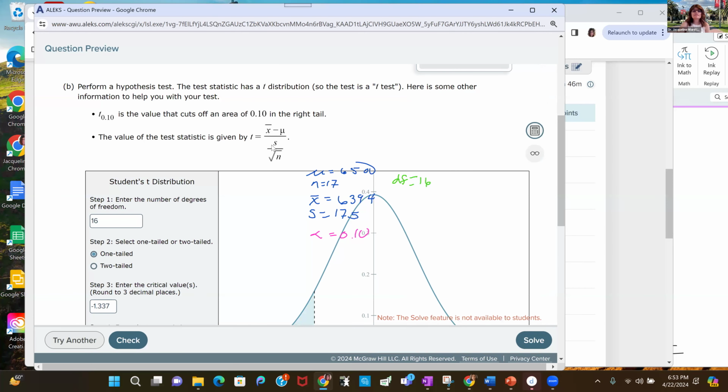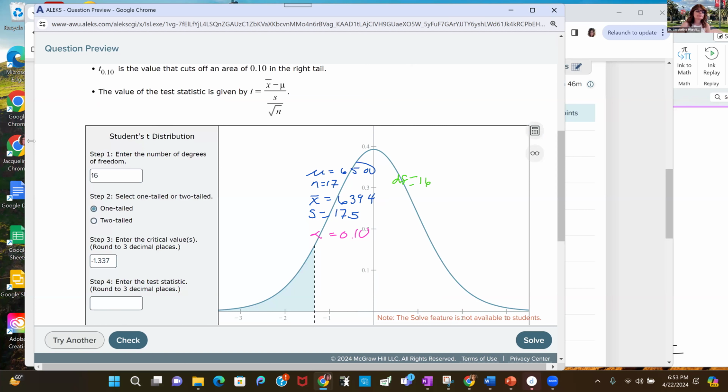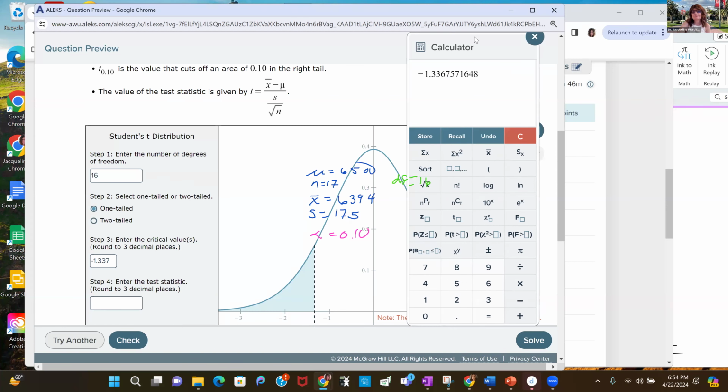Now we're going to calculate this test statistic. I don't know if it's easier to write it all out or just look and put it in the calculator. Right, you've got x bar minus mu over s over the square root of 17.